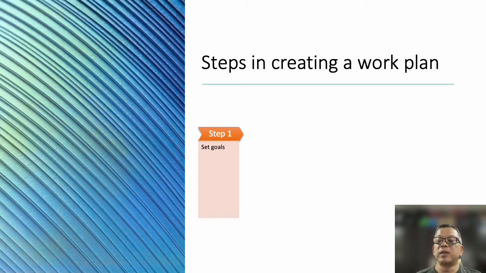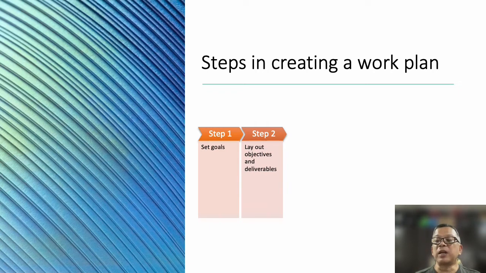Step 1. We have to identify the end. What does the end look like for this particular initiative? What is your goal? What is it that you are aspiring for, that you want to accomplish when creating a work plan? Step 2.